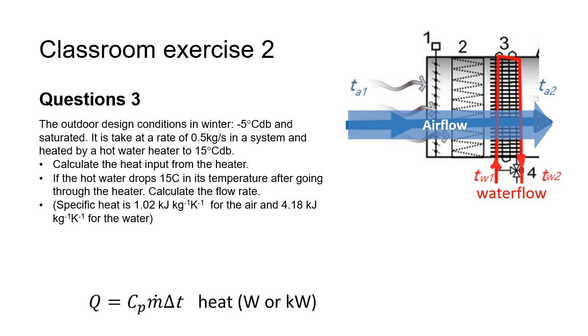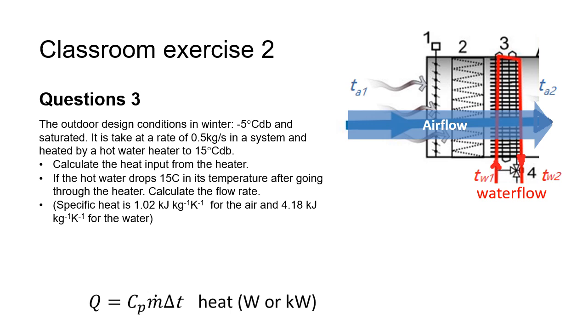Okay, here it says that the outdoor air temperature is -5 and saturated. It has a flow rate of 0.5 kilogram per second coming into the air handling unit through the heater.